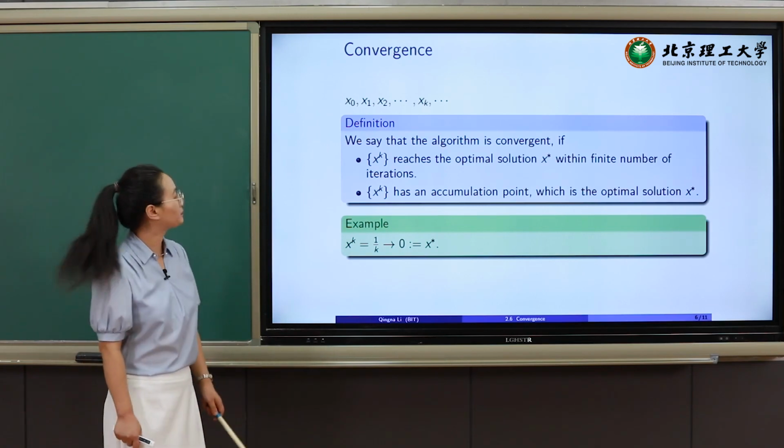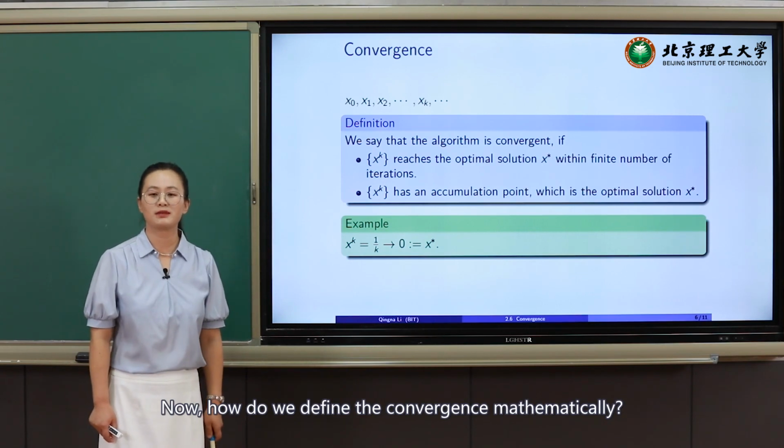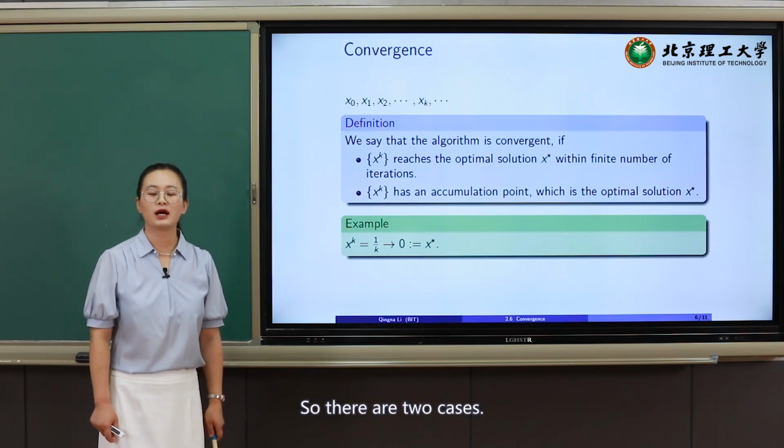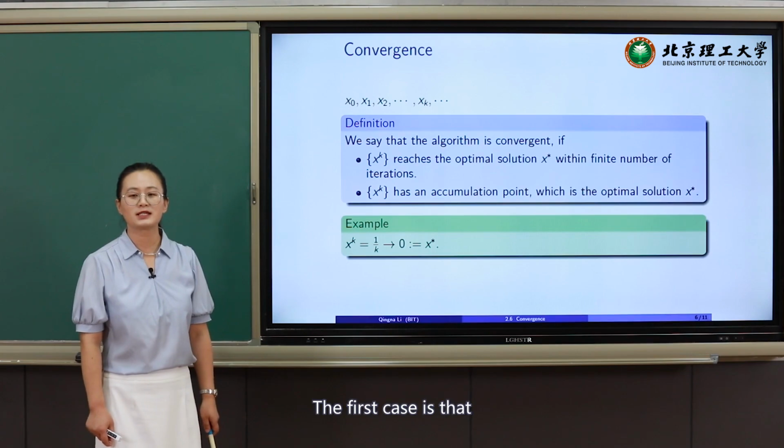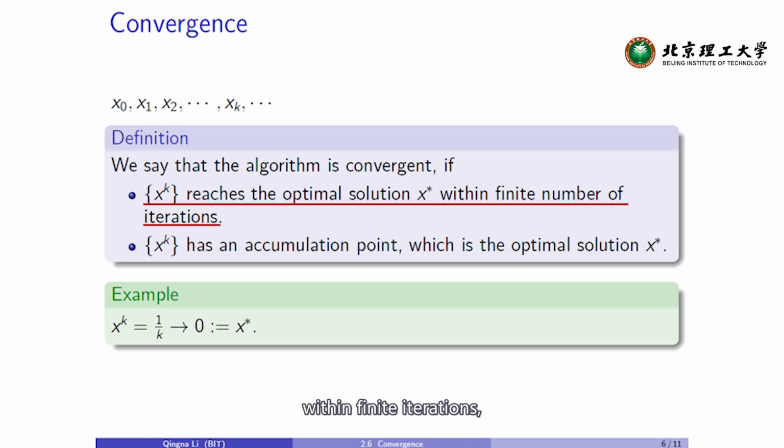Now, how do we define convergence mathematically? There are two cases. The first case is that if the iteration xk reaches an optimal solution of the problem within finitely many iterations, then we call this algorithm convergent.